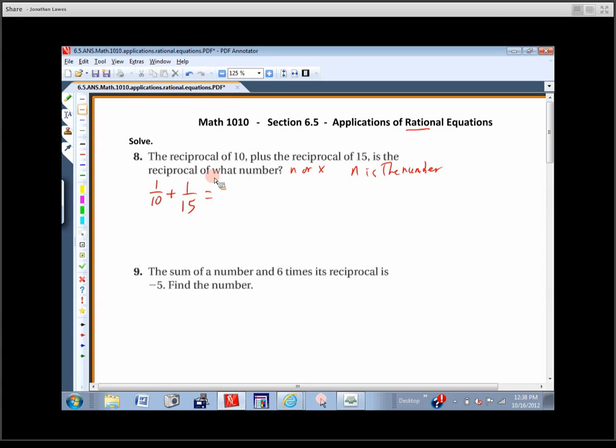The reciprocal of 15 was 1/15. What's the reciprocal of n? 1 over n, or 1/nth, if we wanted to think of it that way. We're not sure of the number, but 1 over n is its reciprocal. Everybody good there? Any questions? Okay, at this point, this should be an easy problem.